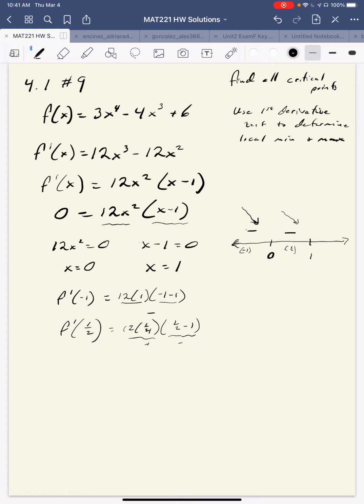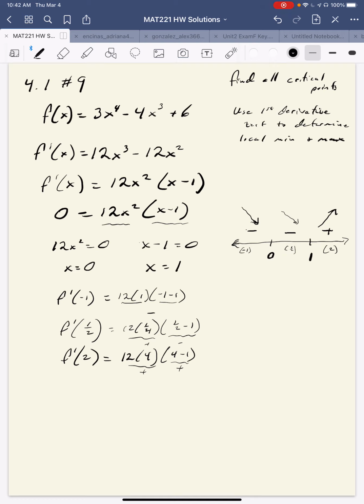Now I have to check the next critical point, which is x equals 1. Going to the right side of that, I can try 2. f prime at 2 is 12 times 2 squared, which is 4, times (4 minus 1). Again, this is all positive, and positive times positive is a positive, which means in this region my graph is increasing.